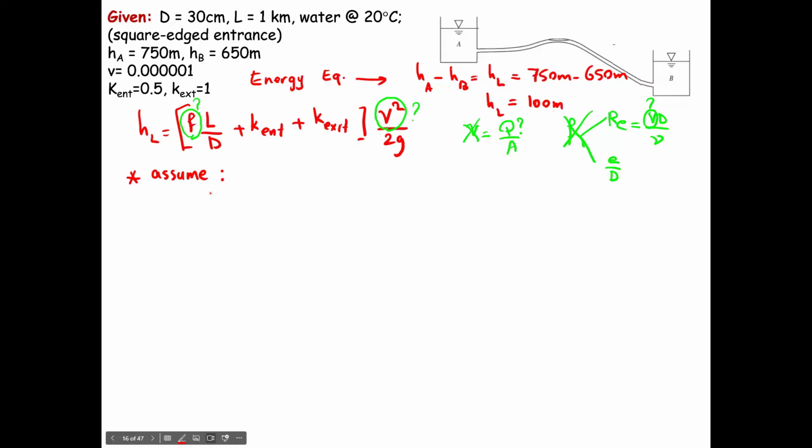I'm going to use the Moody chart, but I'm going to avoid using Reynolds because Reynolds has velocity. Velocity needs discharge, and I don't want to get involved with that. What's your way? Anything came to your mind?